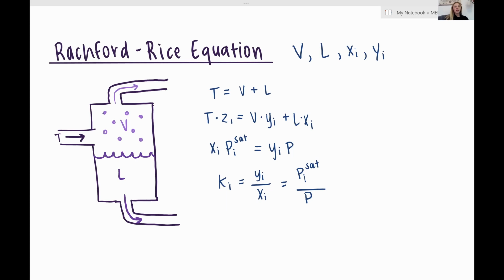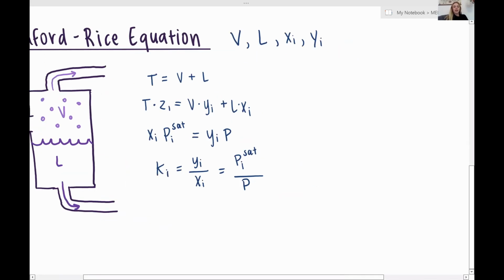So to begin coming up with our Rachford-Rice equation, let's start with a fairly obvious observation, and that is that the sum of our mole fractions in the vapor phase, Yi, minus the sum of the mole fractions in our liquid phase is going to be equal to 0.